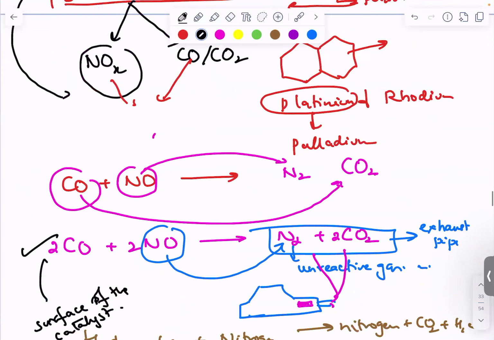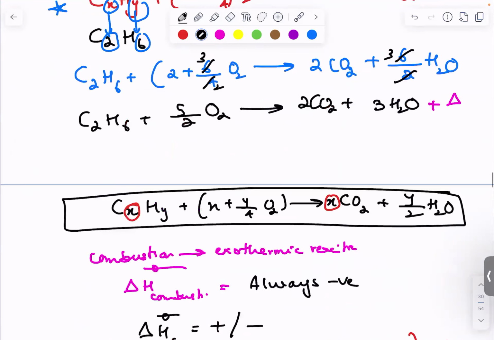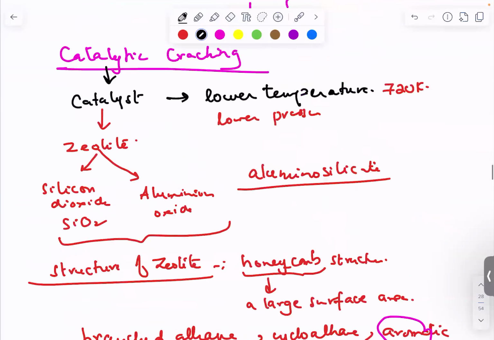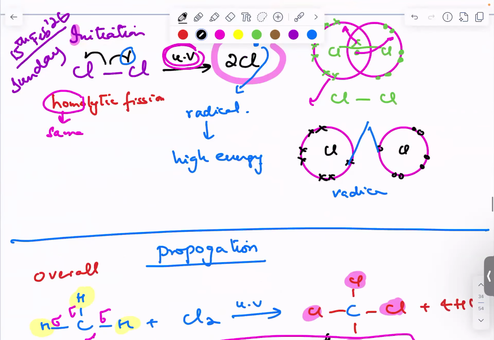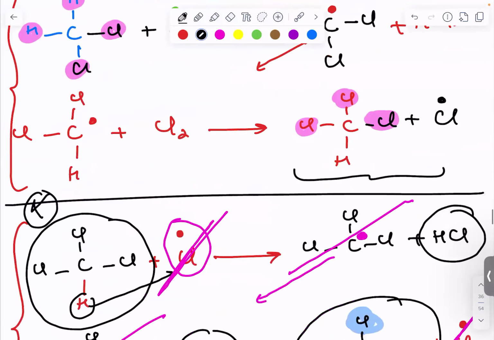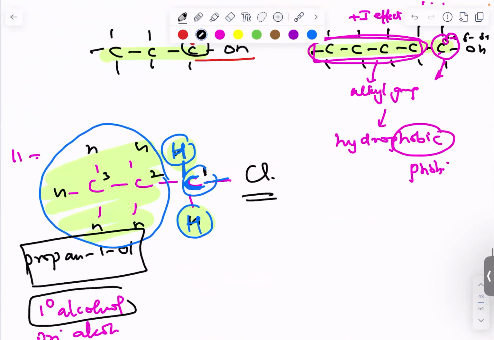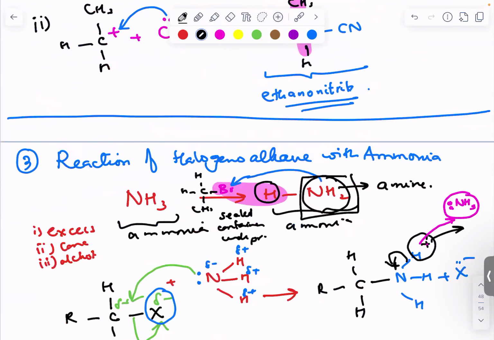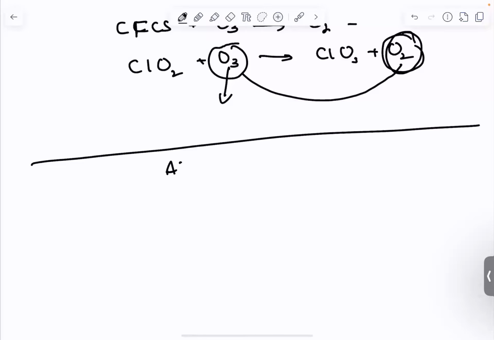So we have done alkanes, and then halogenoalkanes, and the next one is alkenes. So let me write it. The next time we will start it, the chapter would be written. That would be alkenes. We will start this.